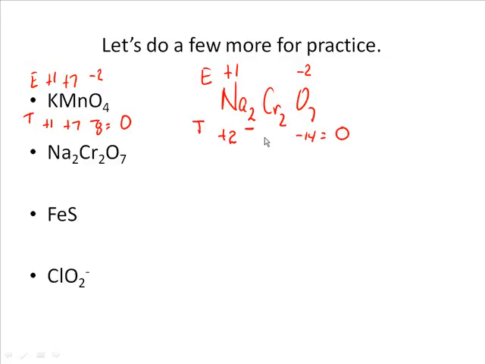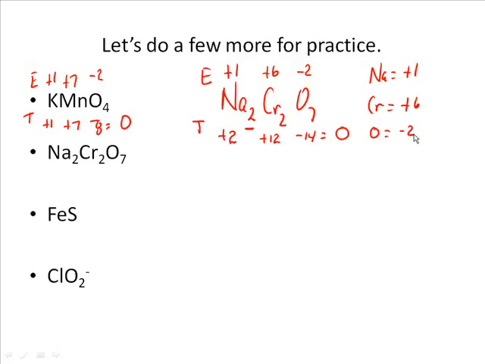So that means that the chromium has to be +12. So the +2 plus 12 will cancel with a -14. Now, since there are 2 chromiums and they total +12, that means that each chromium has to be a +6. So the oxidation state of sodium would be +1, the oxidation state of chromium would be +6, and the oxidation state of oxygen would be -2.